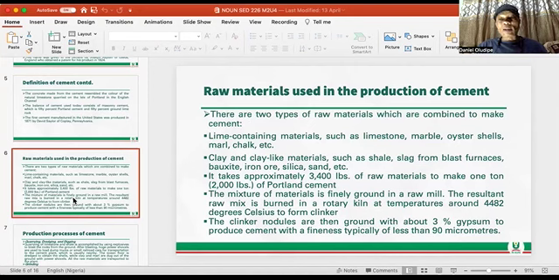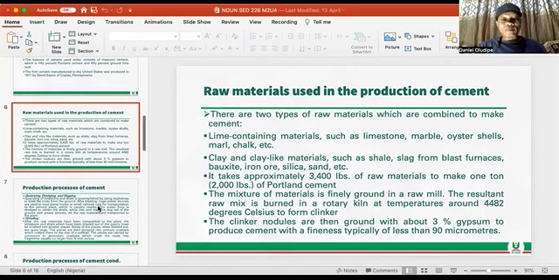We also talked about the raw materials used in the production of cement. And if you can still recollect, we talked about two types of raw materials. The first one is lime-containing materials, such as limestone, marble, oyster shells, marl, chalk, etc. Then we talked about clay and clay-like materials.